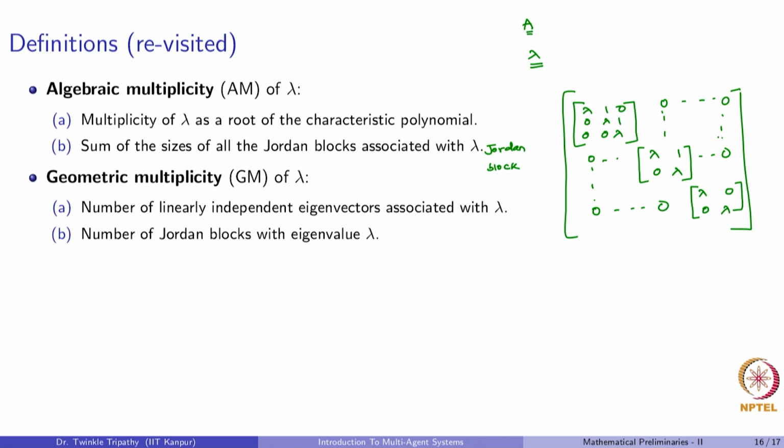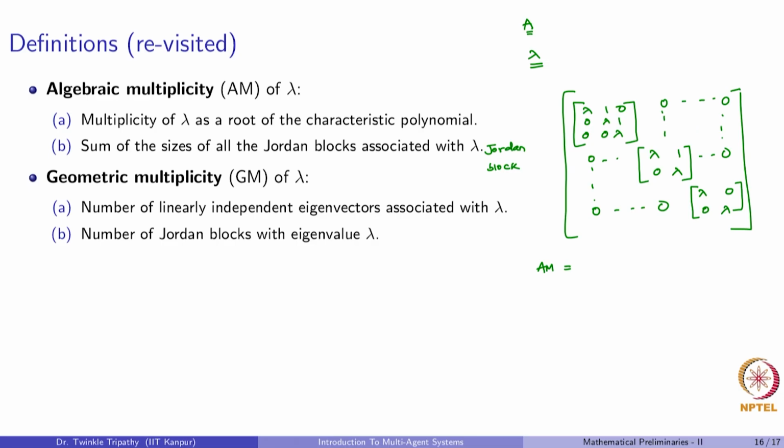So, now let us see. What is the algebraic multiplicity of the eigenvalue lambda? It is simply equal to the sum of the sizes of all the Jordan blocks that are associated.